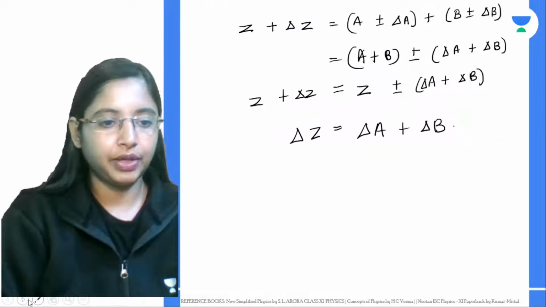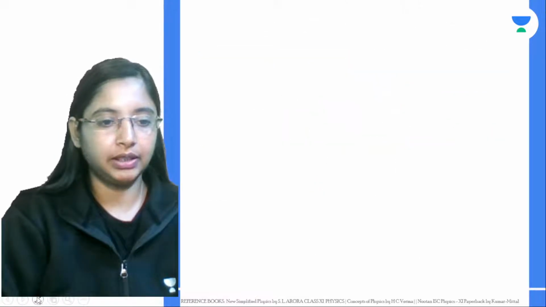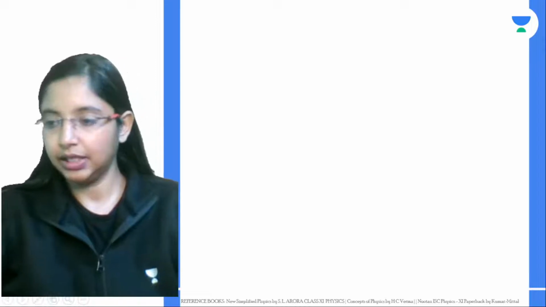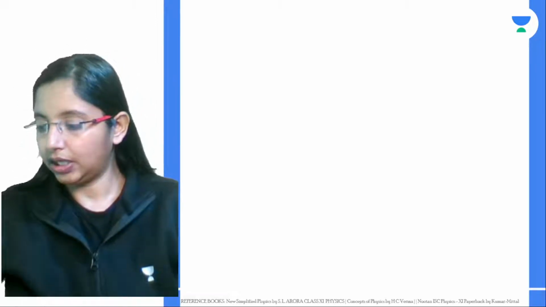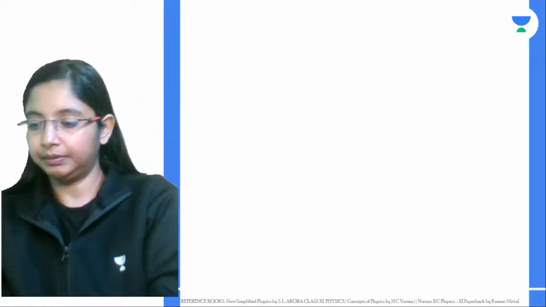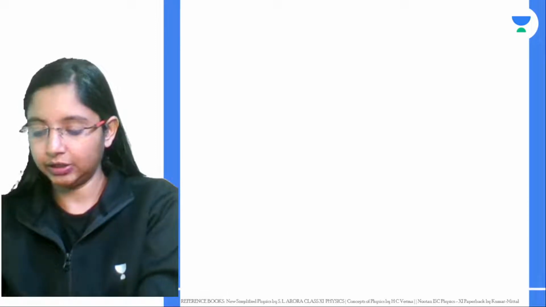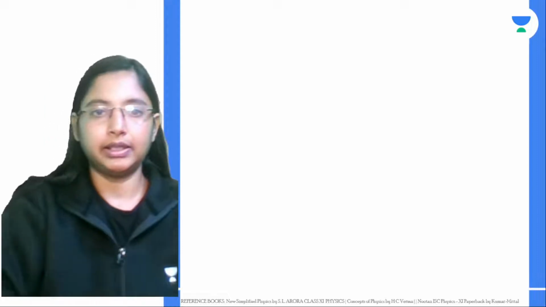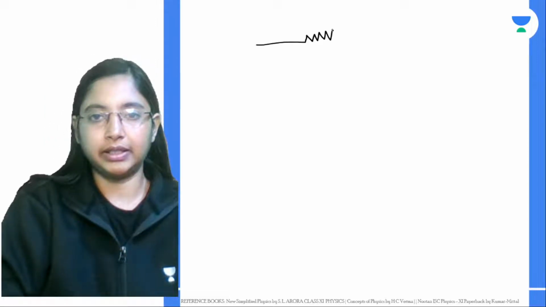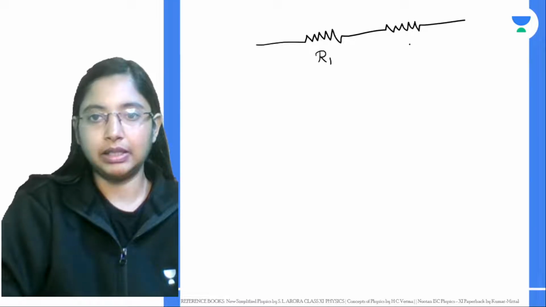Okay, let's try to understand this with an example now. Let's say there are two resistors, and let's say these two resistors are connected in series. This is R1, this is R2.